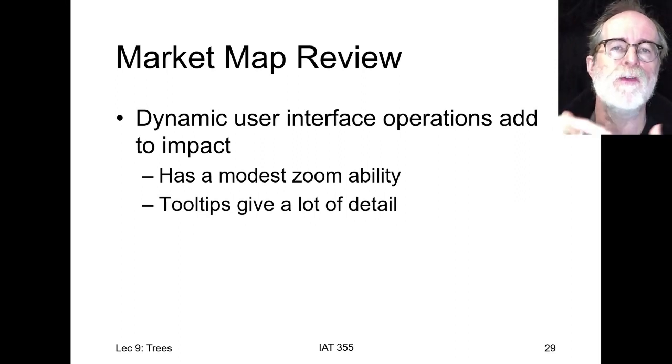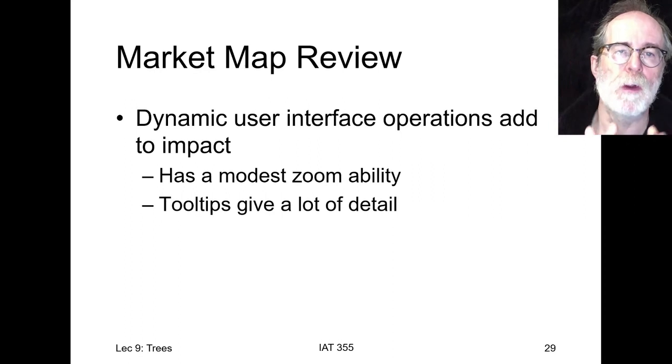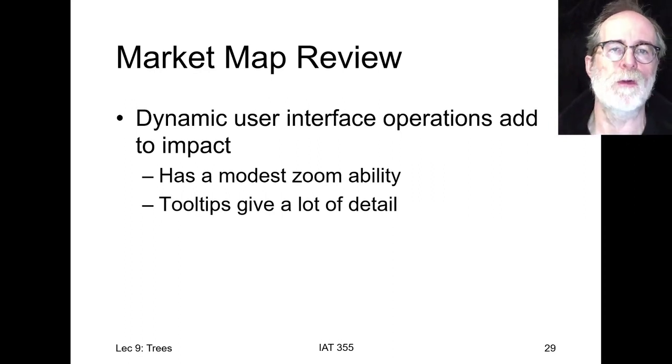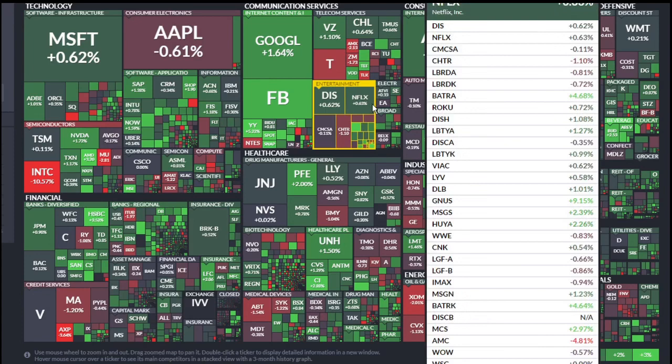I think what's happened is that over the last number of years, they've watched at the back end as to what people are really doing with the market map, and their focus has been less about browsing in order to investigate an individual company, but to see how the market sector is doing. So they've shifted their focus in the FinViz version of that. There's also a mild zoom ability, and we'll show that in a sec.